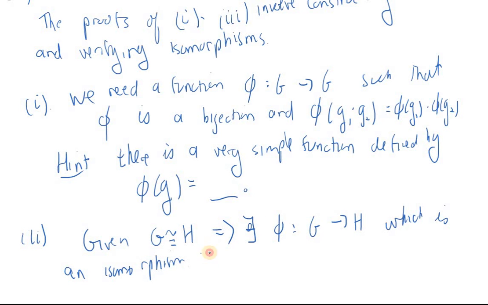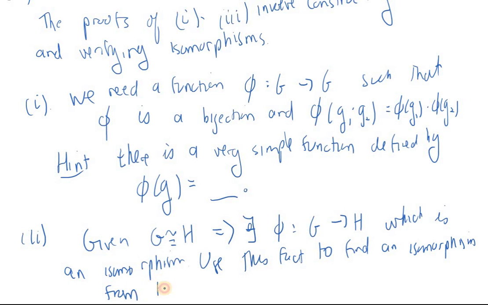And you want to use this fact to find an isomorphism from H to G. And what I can say here is you should use previous results in this chapter. If you look back a little bit, you'll find a place where, given these conditions, there's a way to construct an isomorphism from H to G.